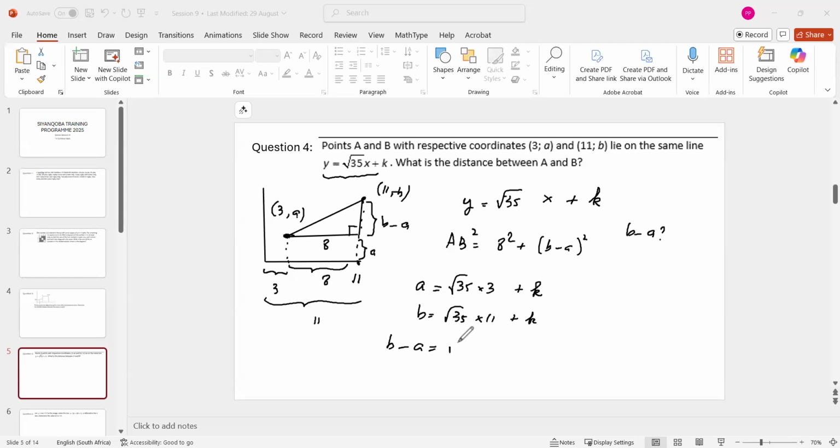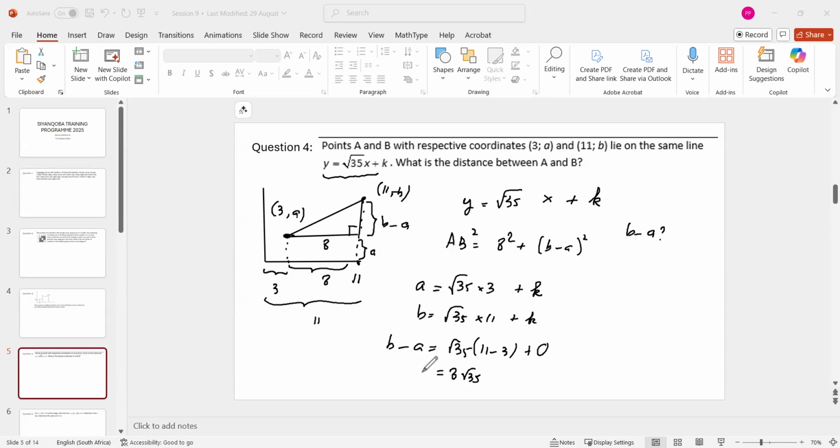Now this is root 35 times 11 minus root 35 times 3. So I can take out root 35 as a common factor. You get 11 minus 3. K minus k disappears, so you don't have to worry about that. So this is 8 times root 35.